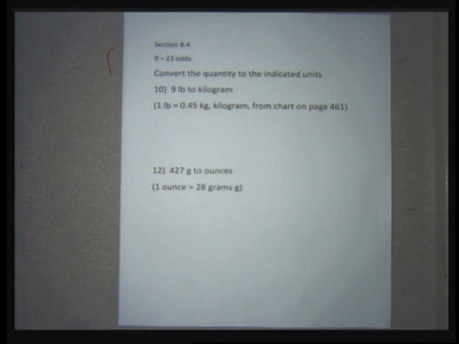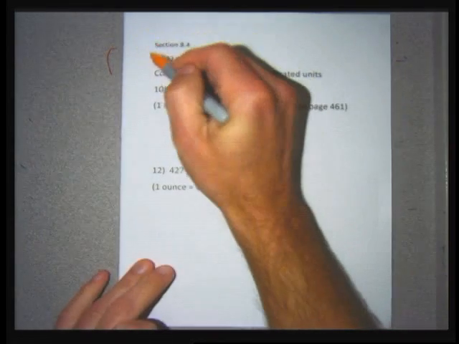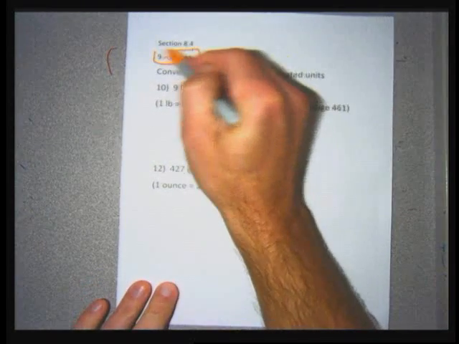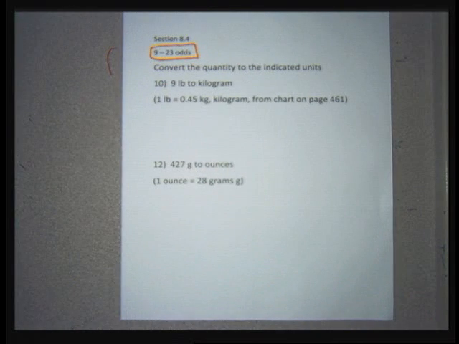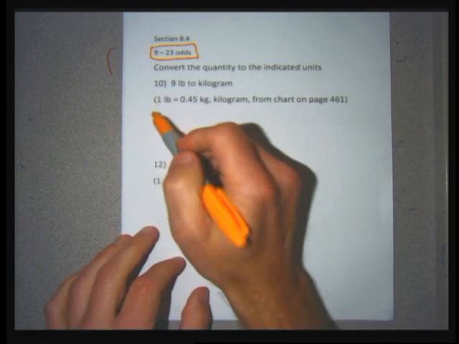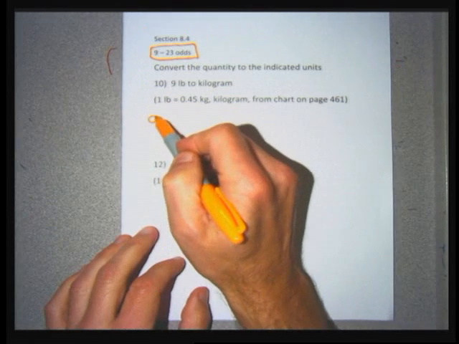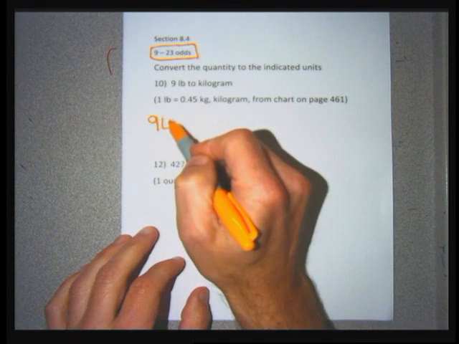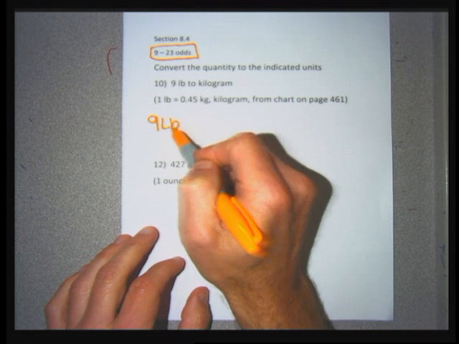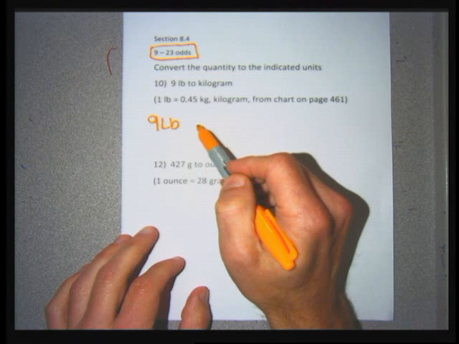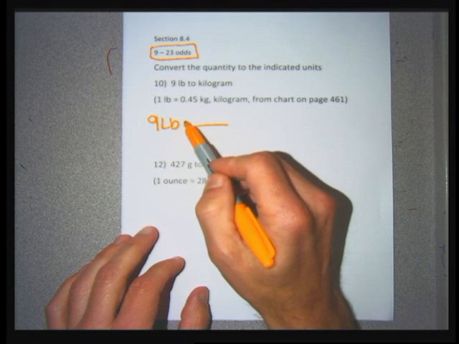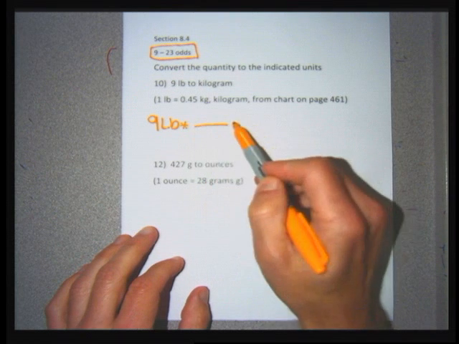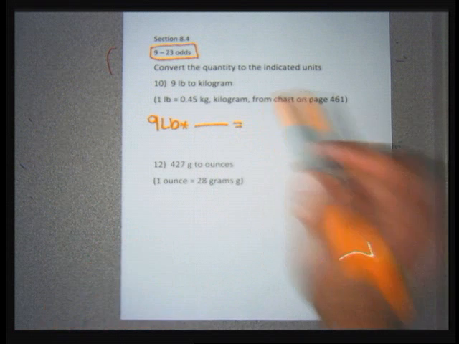So the first group of homework problems that I picked in this section are 9 to 23. And I think I can lecture and explain how to do the problems without doing a lot of theory. Basically, for every problem between 9 and 23, I'm given a quantity to start with, and I have a goal.